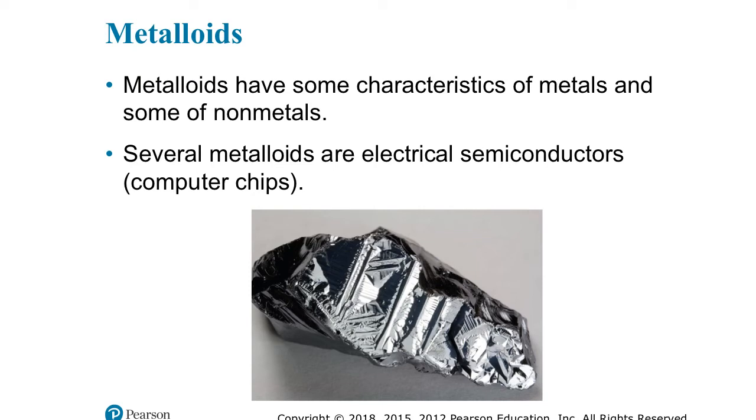So metalloids have some characteristics of metals and nonmetals. They tend to be semiconducting, so not really good conductors, but also not non-conductors, somewhere in between. This makes these elements good for turning circuits on and off somewhat easily, so they are good for computer chips.